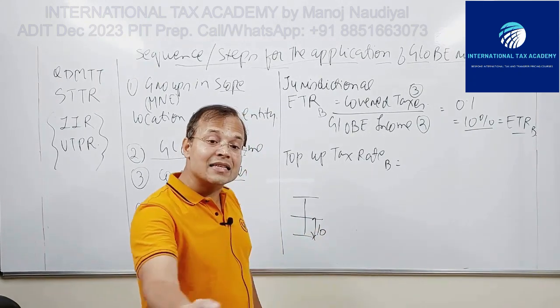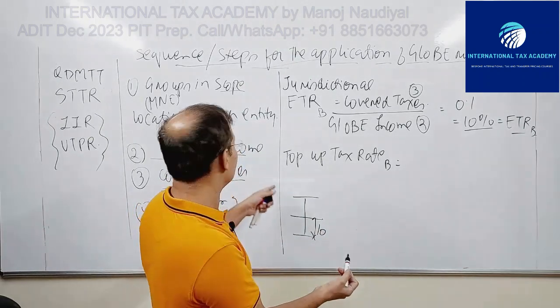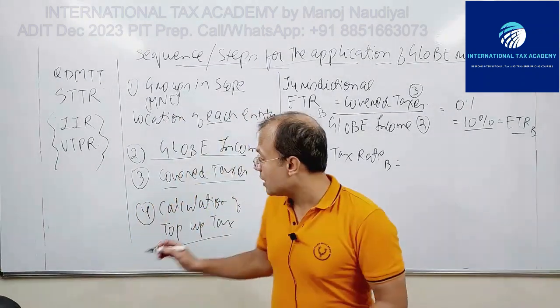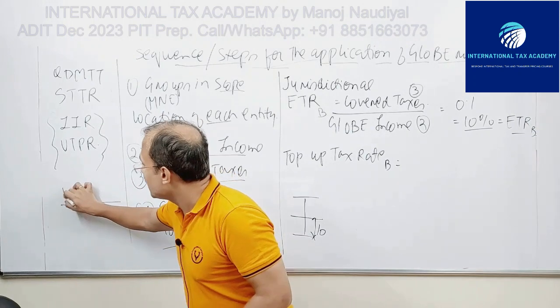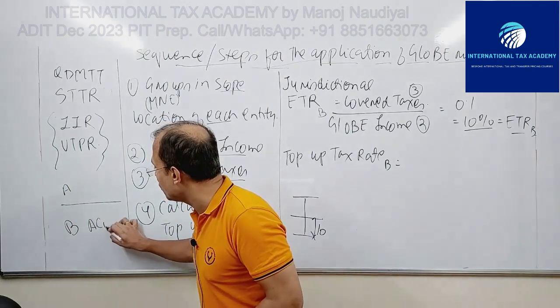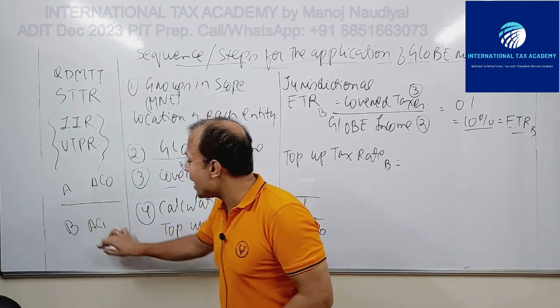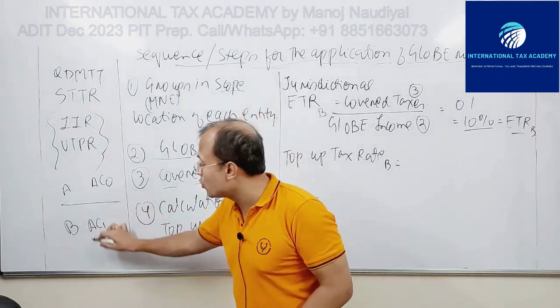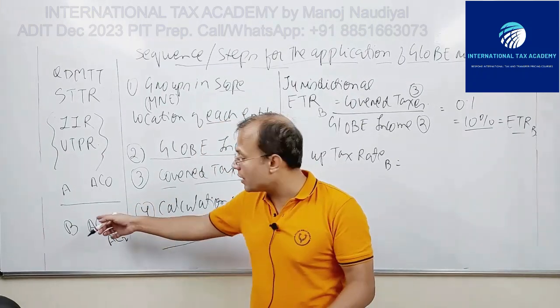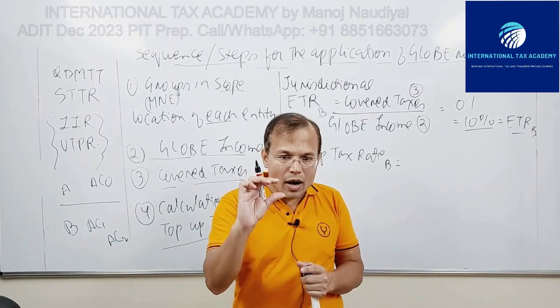Covered taxes are the taxes which have already been paid by all the MNEs in country B. So you have ACO 1, ACO 2, and this is the ACO group. Covered taxes are the taxes that have been paid by the group in country B. That is 10%. So the remaining tax which is required is 5%.